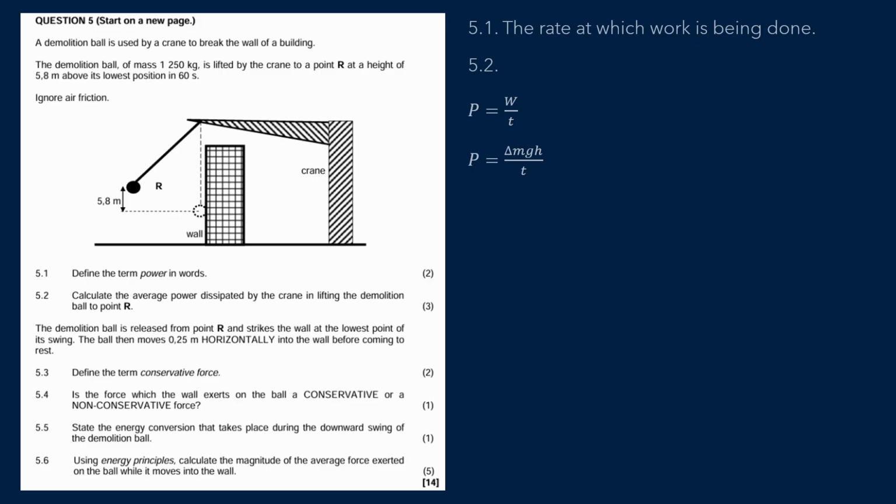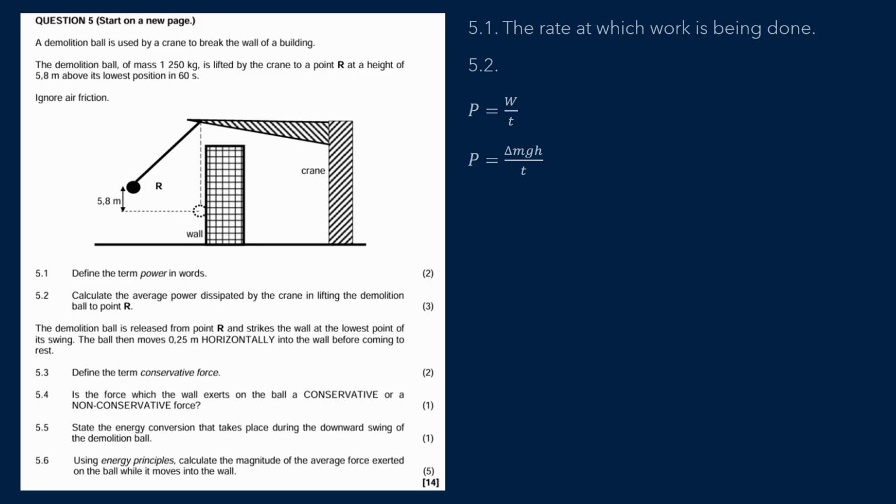And finally, again, it came to a rest, and hence the final velocity was 0 because the crane came to a stop, and hence 0 minus 0 will give me 0, cancelling out the change in kinetic energy.